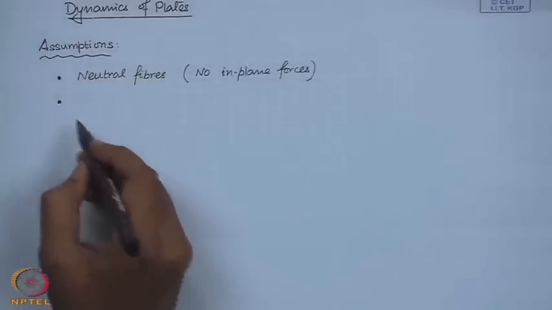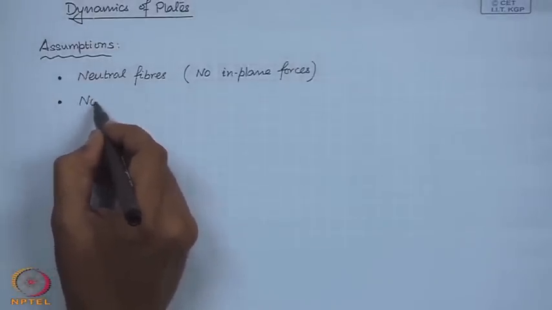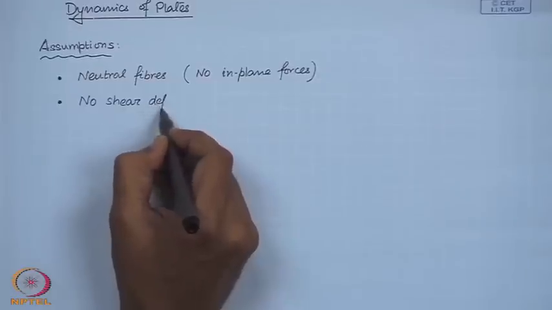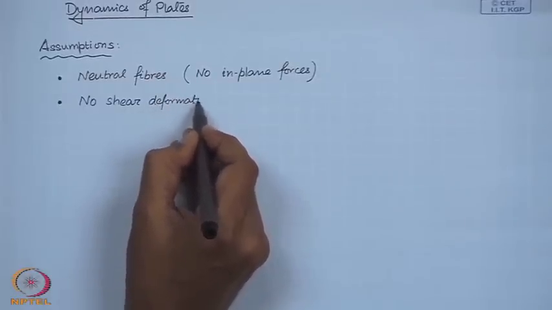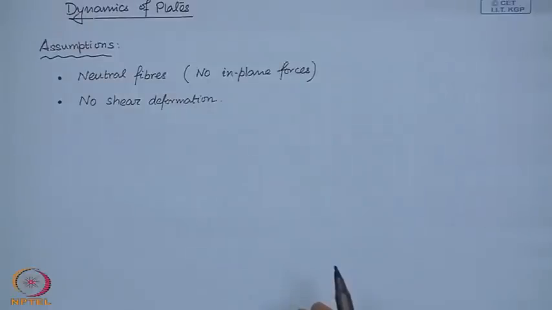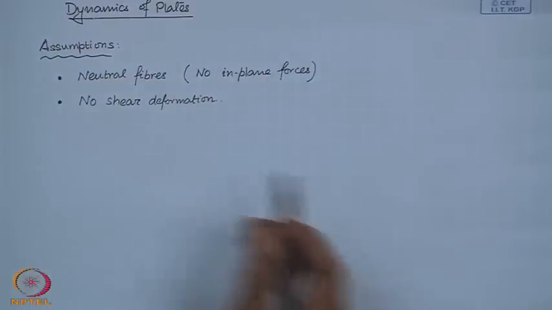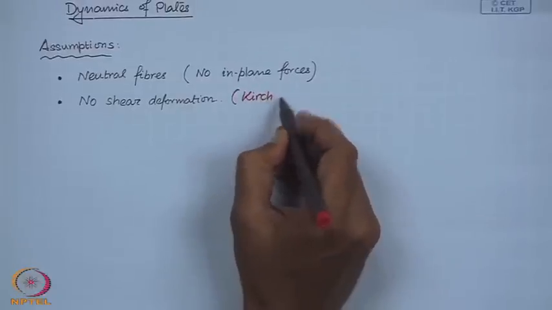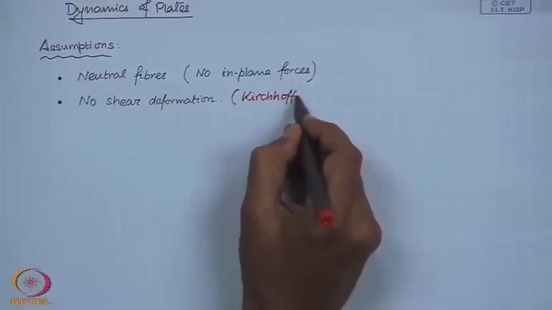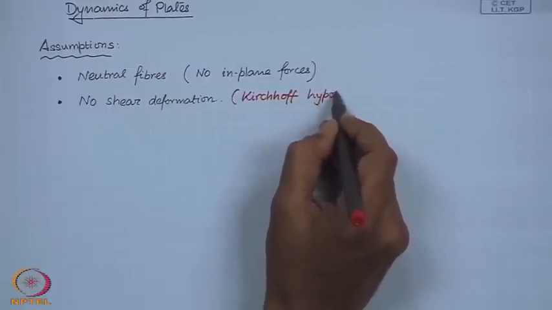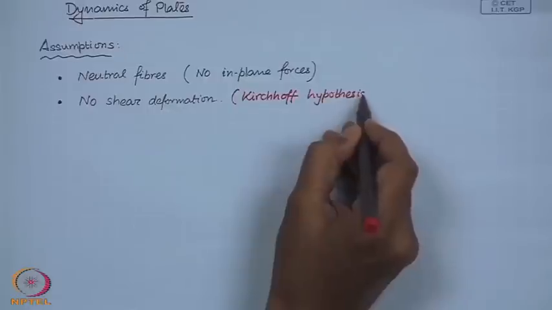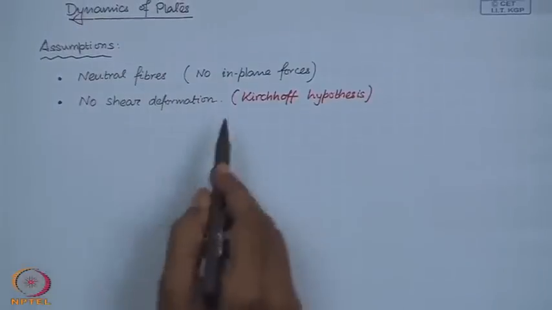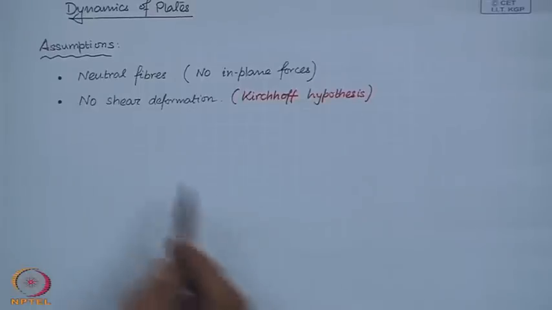The second assumption we make is that there is no shear deformation. This is known as the Kirchhoff hypothesis, which corresponds to the Euler-Bernoulli hypothesis for beams.